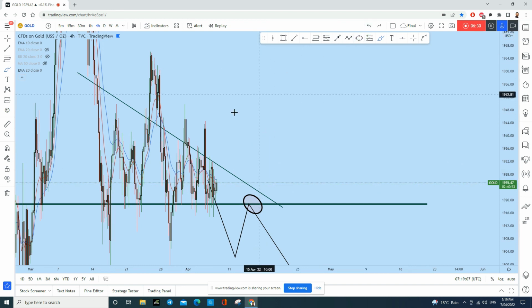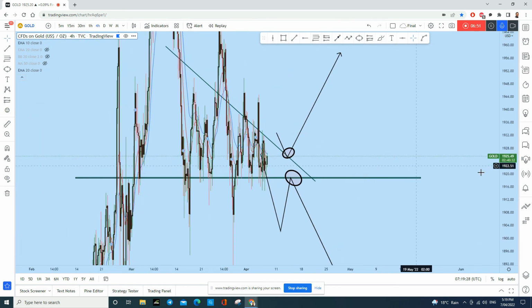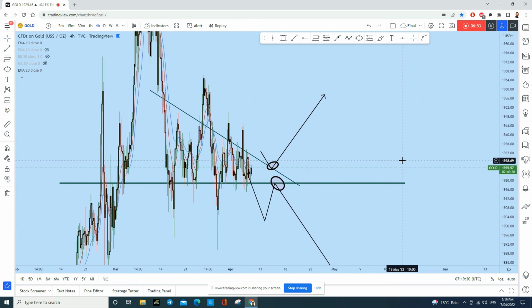Retest means if the next candle immediately comes back, that is a false breakout. If we see the price come here and then reject to the upside, that means gold may start to trend to the upside. In that case we will be considering buying gold from here with a high risk to reward ratio. So these are the two plans that you will be using for gold trading.